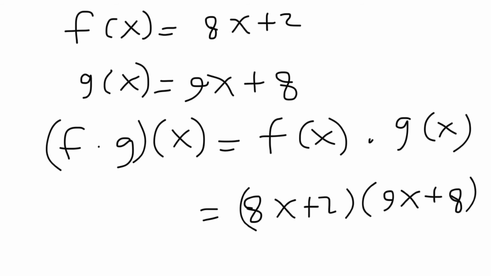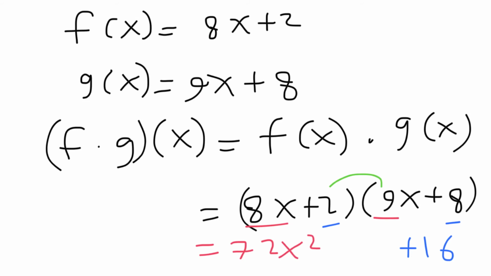And we did this before. How do you multiply with FOIL? You multiply first times first, 8x by 9x. So you get 72x squared. And then last times last, 2 times 8, because these are two binomials, so you get 16. And then the inner and the outer should be done in your mind.